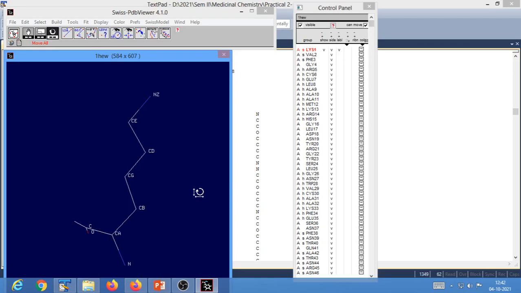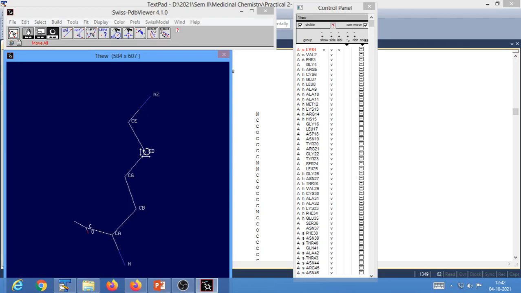So this is the reason, my friends, that if the protein model is solved using X-ray crystallography, the electron densities of hydrogen cannot be resolved, and hence the positions of hydrogen atoms around the heavy atoms are not usually detected. Okay, so you would have to assume that there are two hydrogen atoms present around this C beta carbon atom. There are two hydrogen atoms present around this C gamma carbon atom, and so on and so forth.